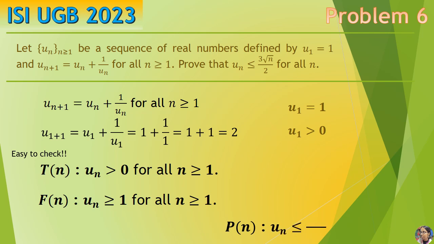Let Pn be the statement un less equal to 3 square root of n upon 2 for all n greater equal to 1.